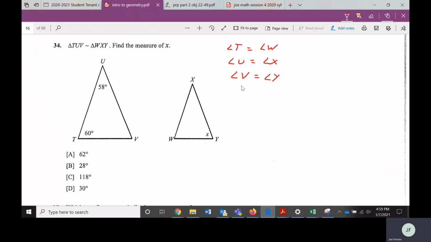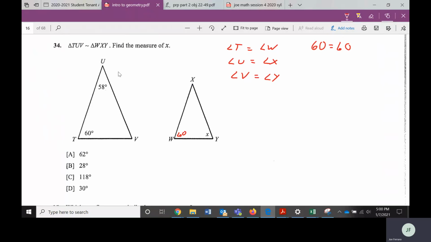So now we can fill in what we know here. I'm going to show you something that I don't like about this problem in a second, but angle T is 60. So angle W has got to be 60, which is right here.